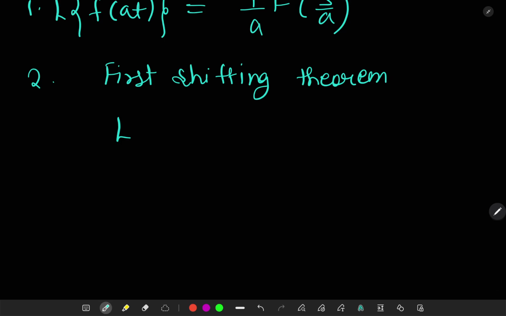If the Laplace transform of f(t) is equal to F(s), then the Laplace transform of e raised to power at f(t) equals F(s minus a).